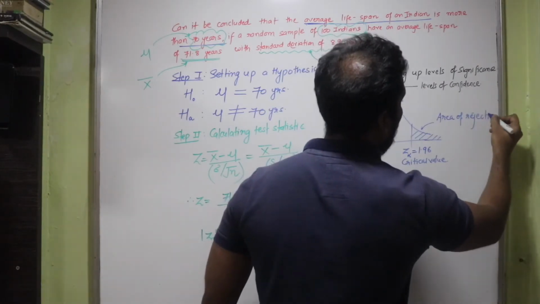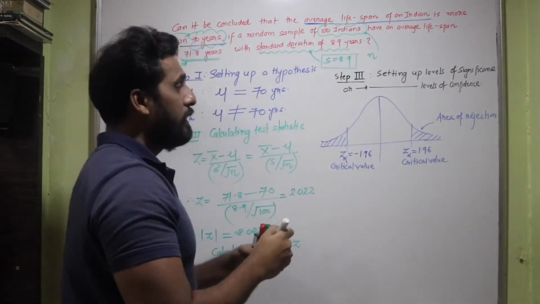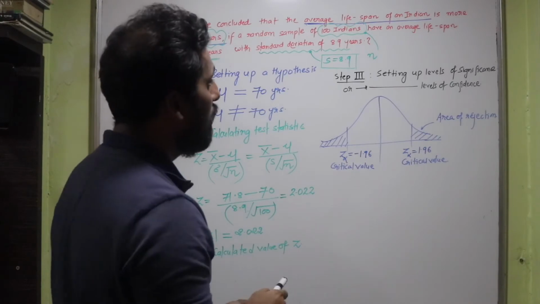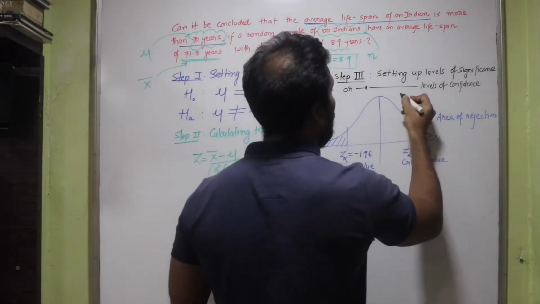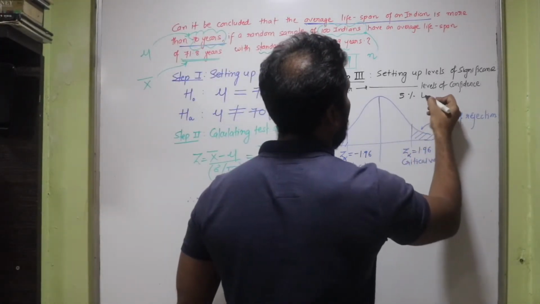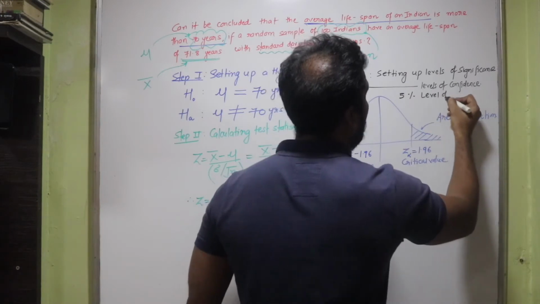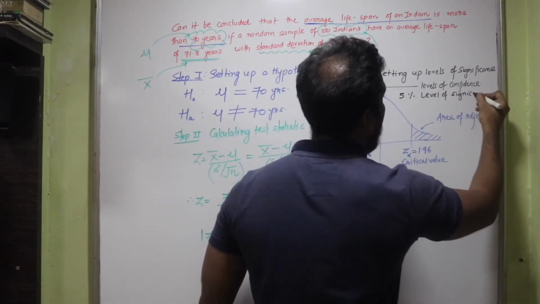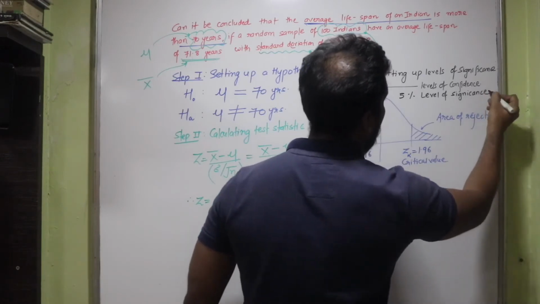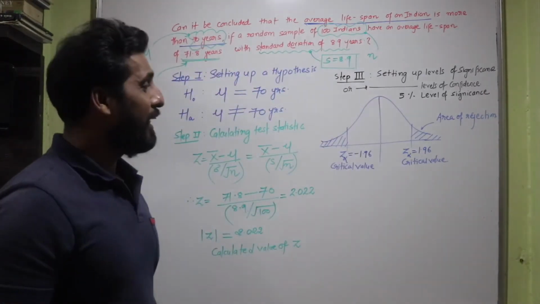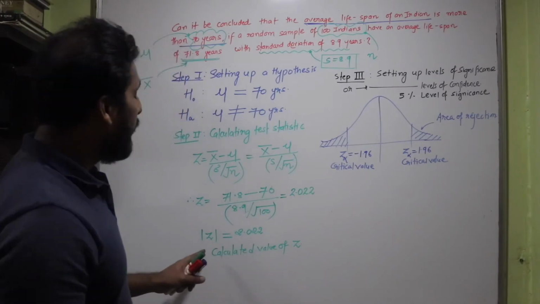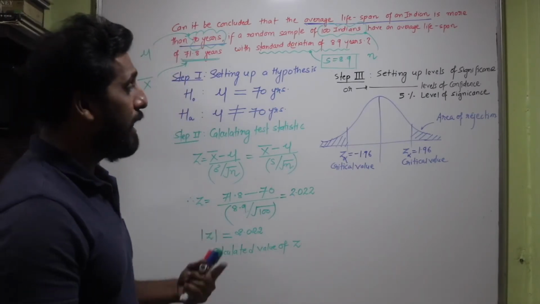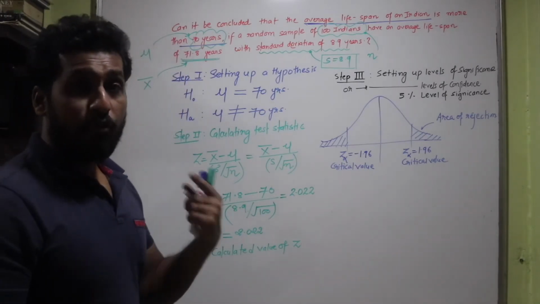So I have set up a 5% level of significance. The same thing can be concluded with 95% level of confidence. Now the next step is to find the critical value.